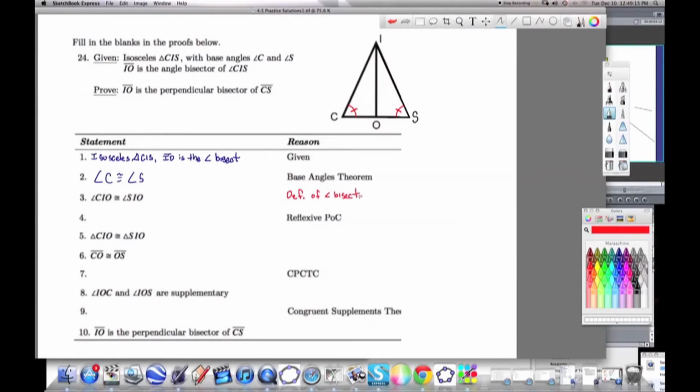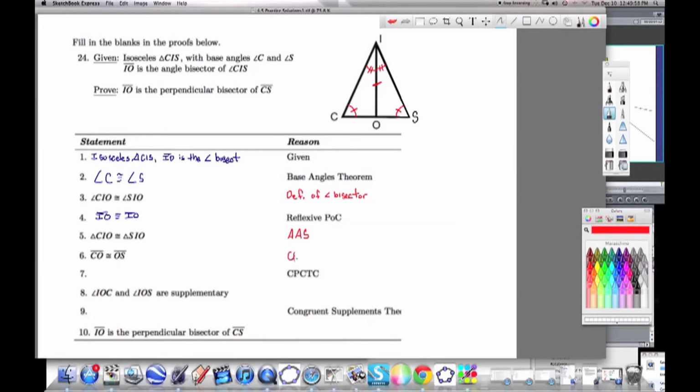Then I can say that angle CIO is congruent to angle SIO because of the definition of an angle bisector. And then the reflexive property always says that something is congruent to itself. So segment IO is congruent to segment IO. Now I can prove some triangles are congruent. I can say triangle CIO is congruent to triangle SIO because of angle side.